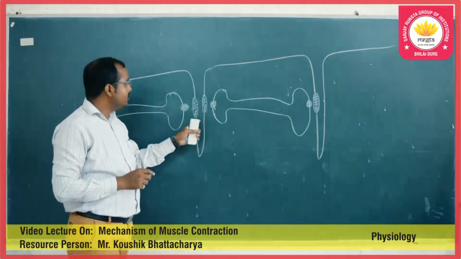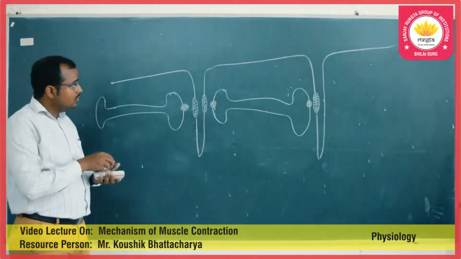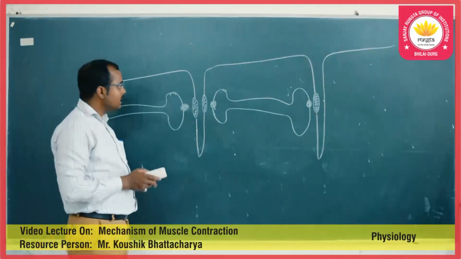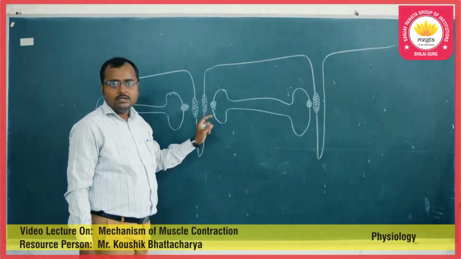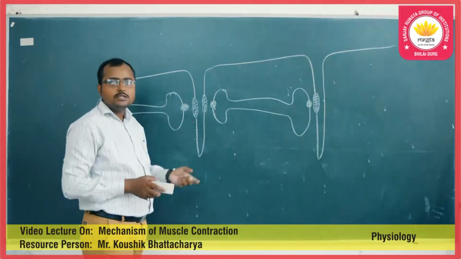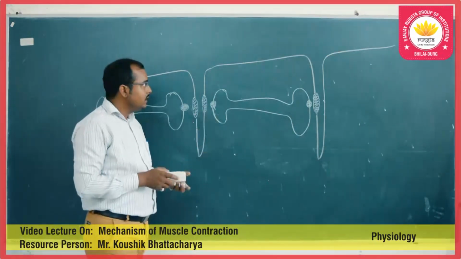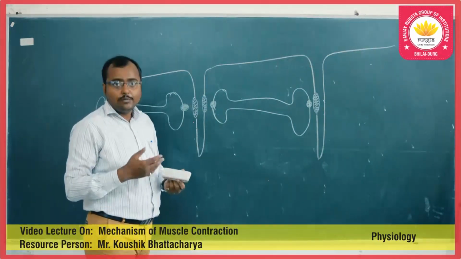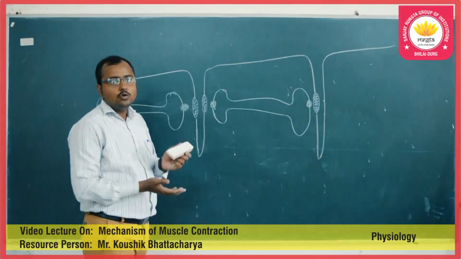We were discussing the molecular mechanism of muscle contraction. So we have come to know from our previous class the structural integrity of the sarcotubular system, as well as the structure of the sarcolemma and motor end plate, and what the motor end plate potentials are.